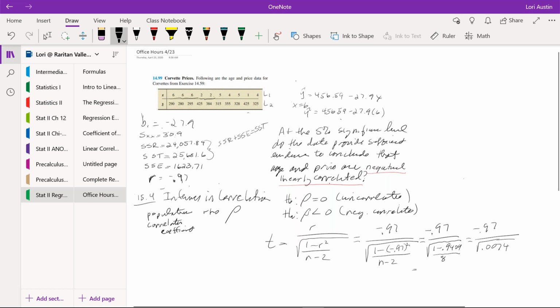Take the square root of that, which is about 0.086.